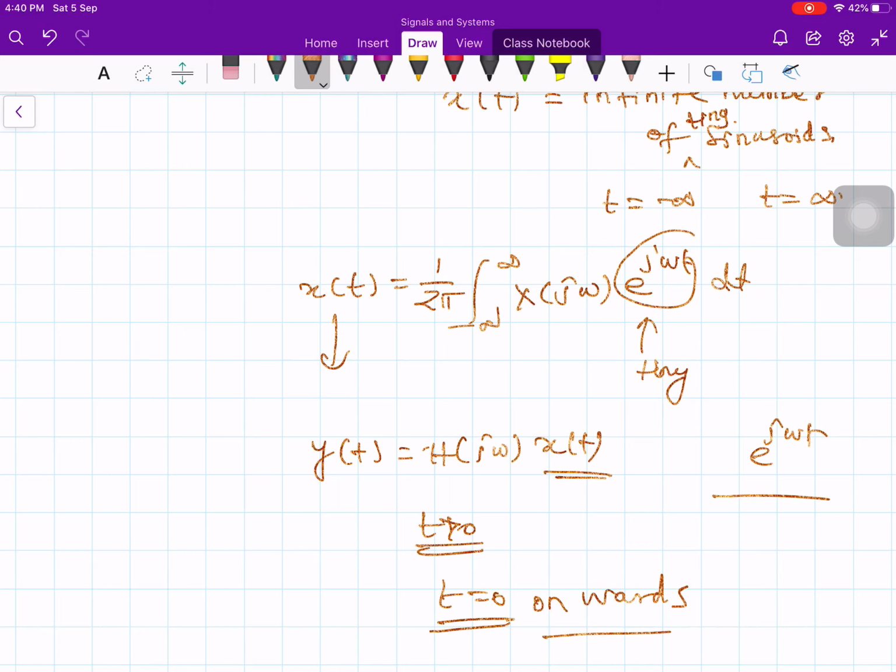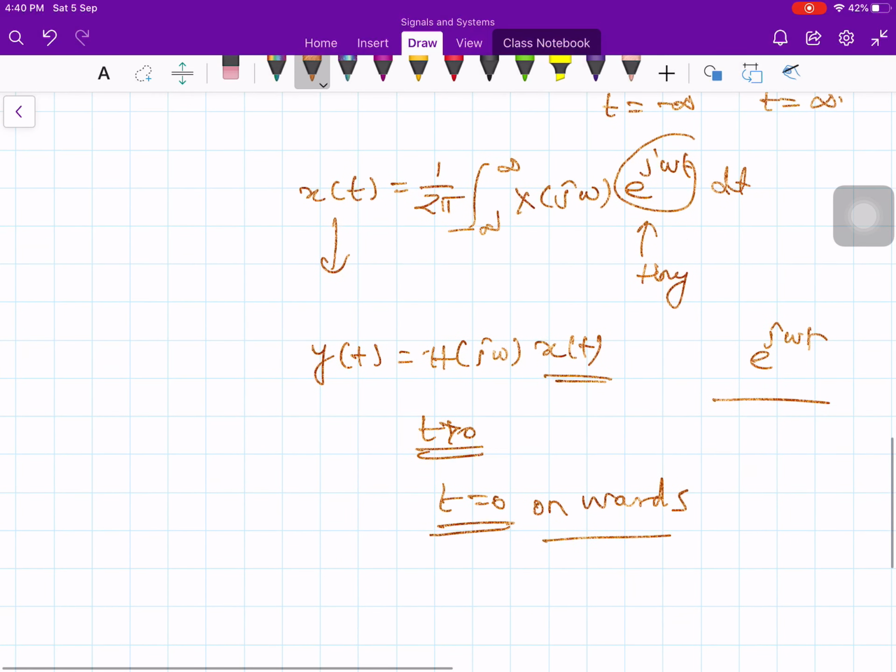Okay, that means the natural response terms which might have emanated at t equals minus infinity would have decayed to negligible portions when we come to t equals 0 onwards. But the sum of the steady state responses includes transient terms.